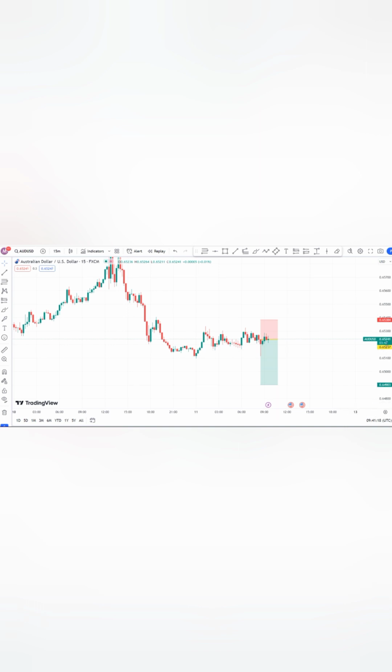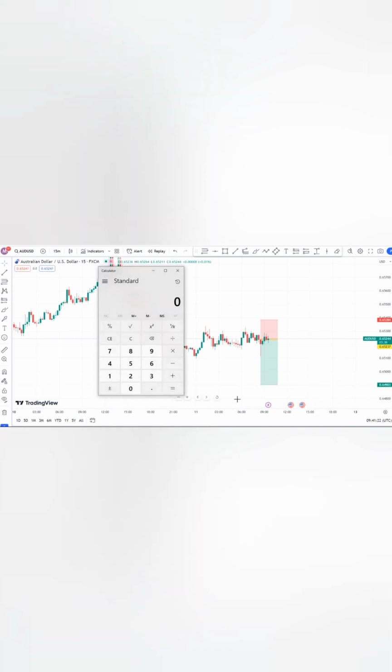So now we are just going to put the entry value to the fourth decimal place, and anything after the fourth decimal place is going to be a point. So this is how we do it. We have 06523.7, where 3 is the fourth decimal number.